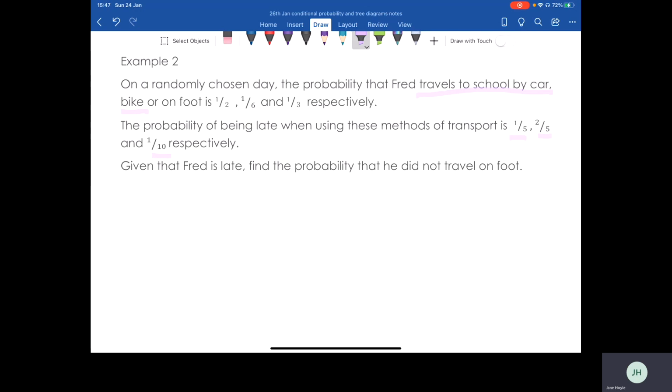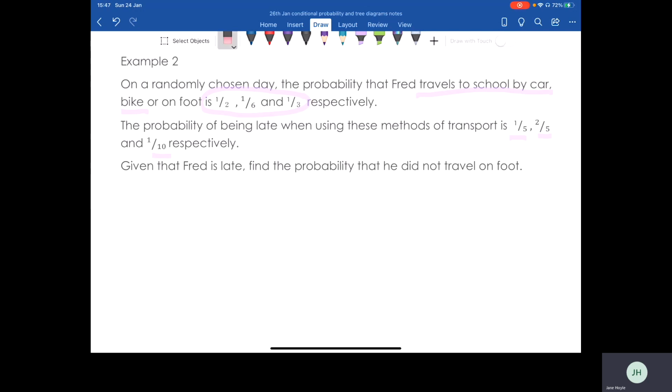If you add together these three here, I've got 3/6, 1/6, and 2/6. They add to give 1. Okay, and that is because Fred presumably only ever travels to school by car, bike, or on foot. So it's one of those options. So all of those have to add together to give 1.